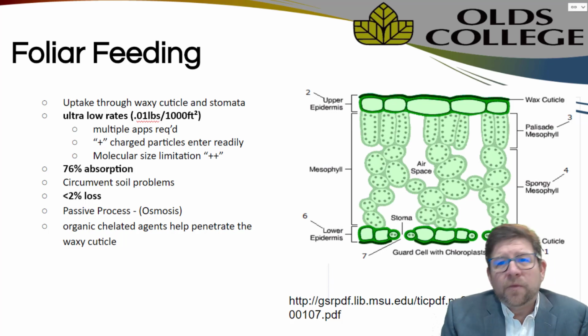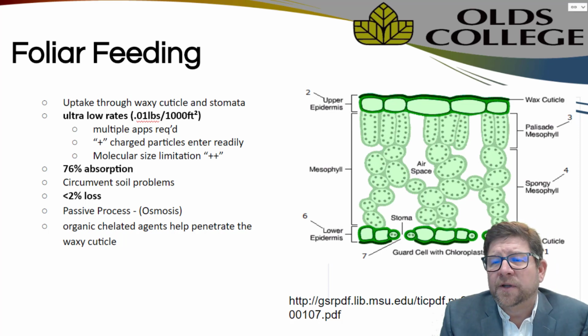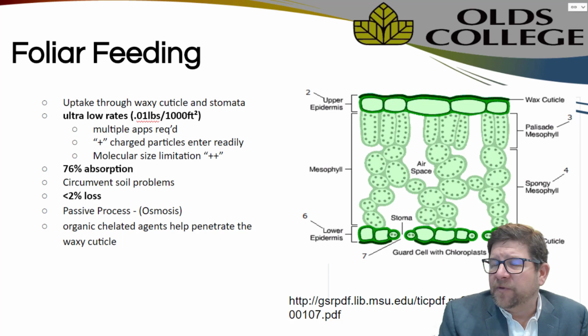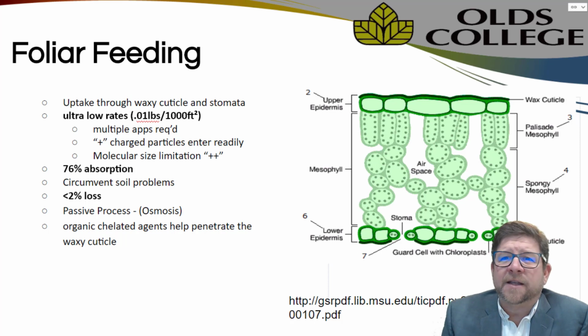Really there's about 2% losses in foliar application, and we have also learned to combine them with chelated agents to help penetrate that waxy cuticle up top. So the benefit is fewer losses, and due to the absorption rate we can use very, very low rates. That is less than 1/10 of a pound, in fact 1/100th of a pound.